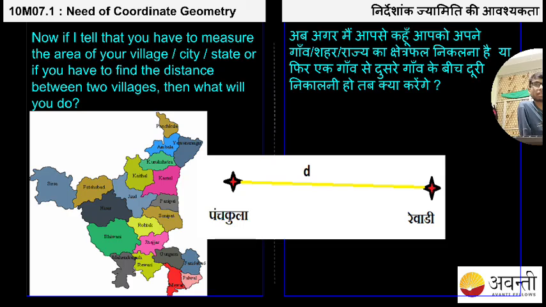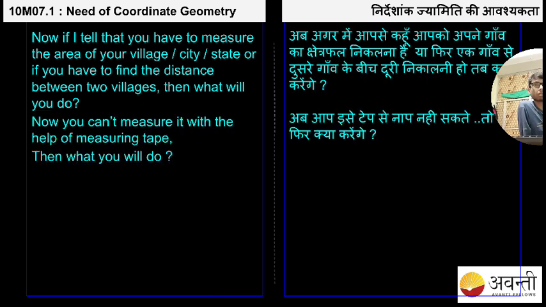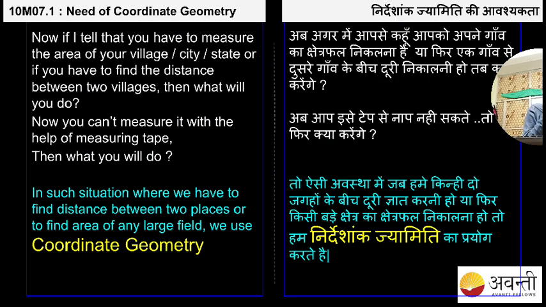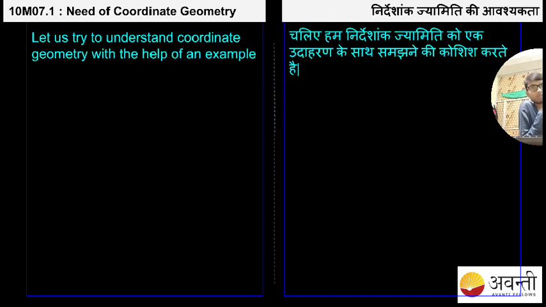Now if I tell you that you have to measure the area of your village, city, or state, or find the distance between two villages, then what will you do in that case? I think in this case you will not be able to use a tape. You cannot measure it with a measuring tape, so you will just locate a position.